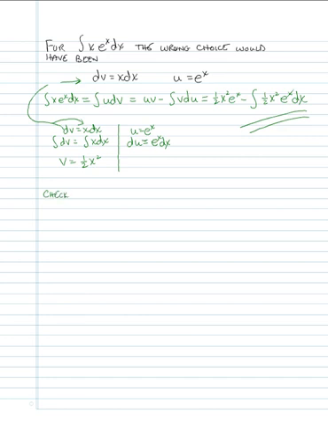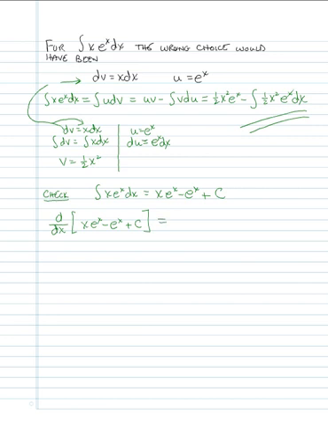Check our answer. Remember, we said that the integral of x e to the x dx is equal to x e to the x minus e to the x, plus our constant of integration. Of course, the way we check it is seeing if the derivative of our answer is our integrand, x e to the x. So we would take the derivative with respect to x of our answer, x e to the x minus e to the x plus our constant of integration.